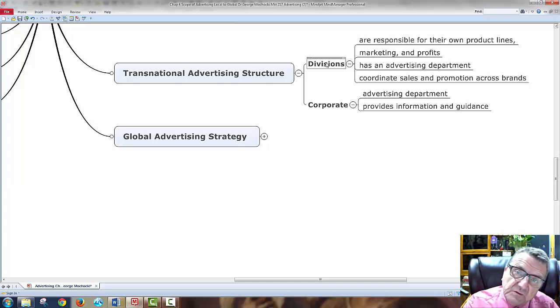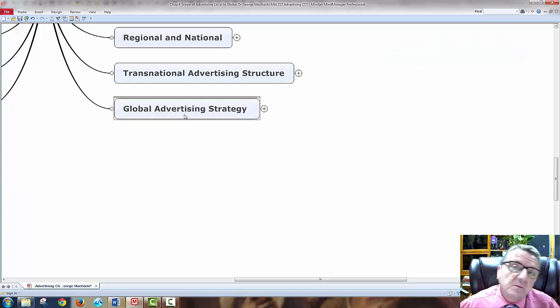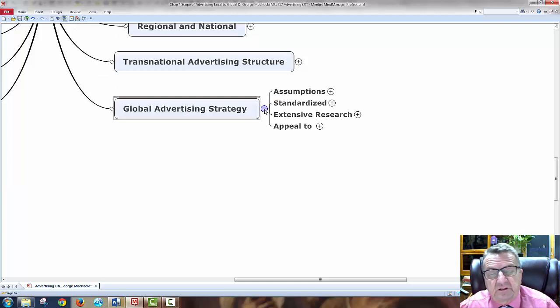But once I start giving some of the information back to the division, I want them, especially in advertising agencies, to have the flexibility to adjust to the customer's need in that culture, the smaller segment. But they have to understand, here's where the corporate brand comes in, and here's how it basically provides guidelines for the divisions and what they could do and what they can't do. Now, when we go into global strategy, and the biggest one, McDonald's, very good on global strategies.